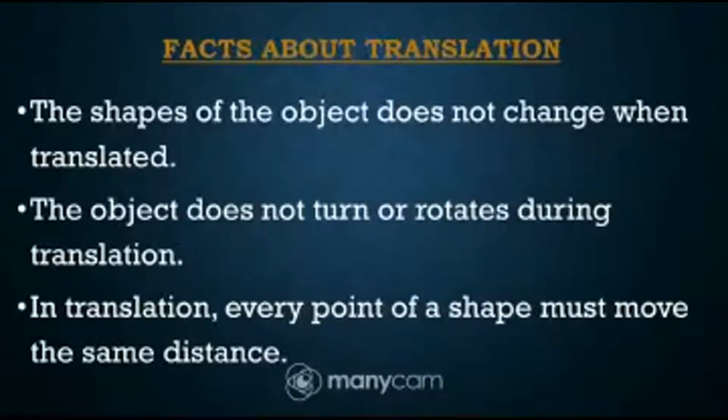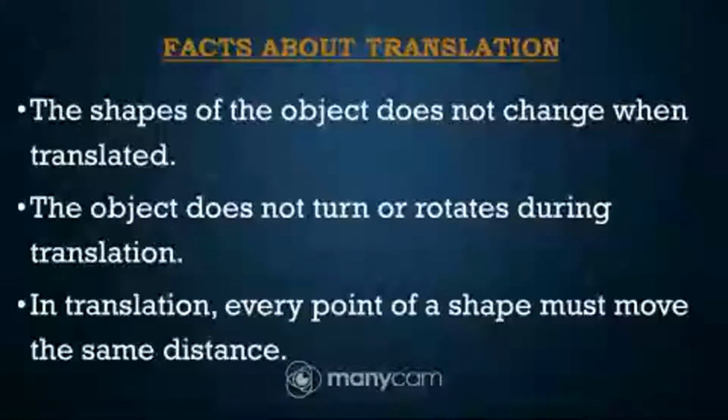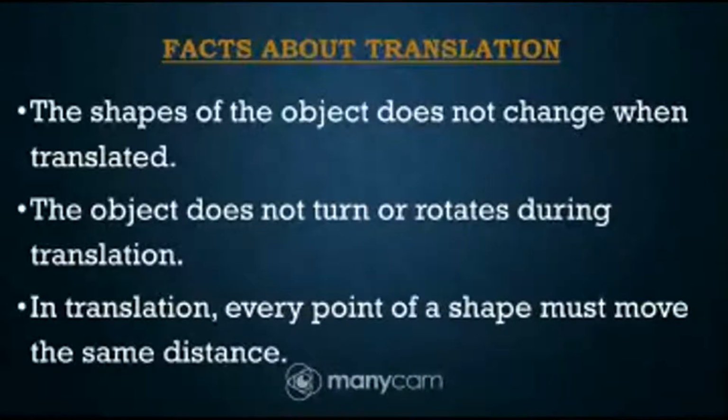Make note of that. All the points will be moved by the translation vector. When calculating, every point is added to the translation vector to get the image of each point, and then you plot the new points, the images, to form the actual image of the shape or point.